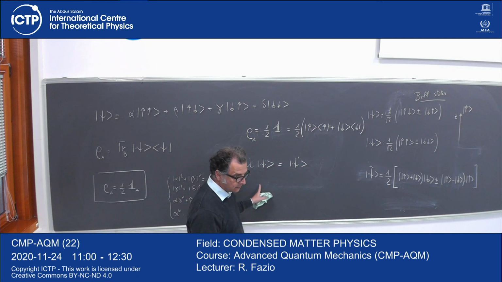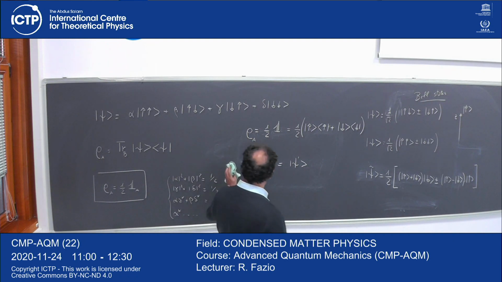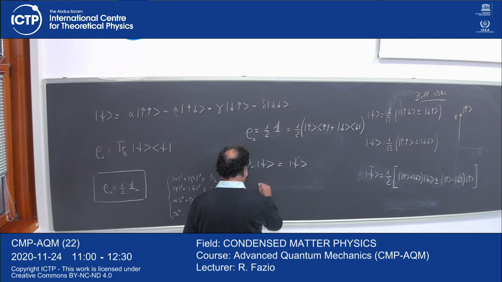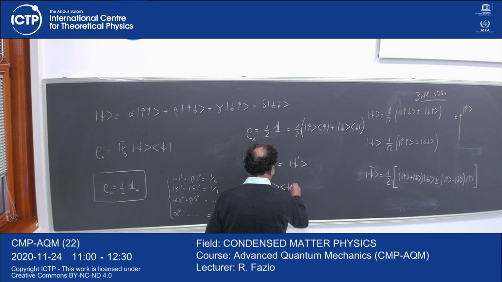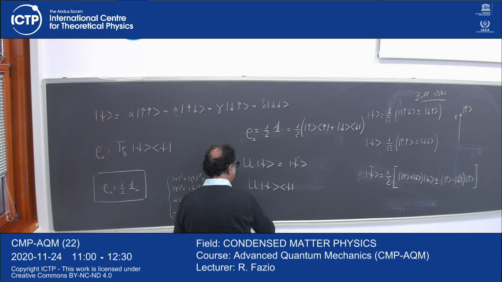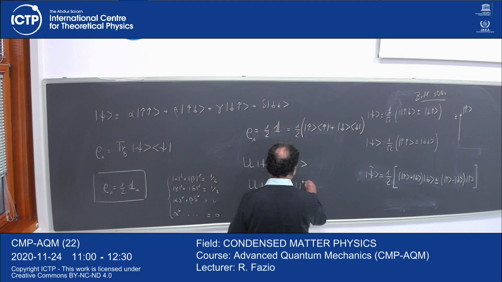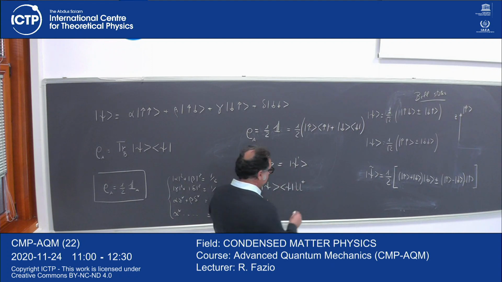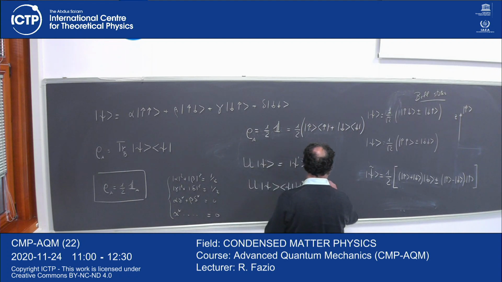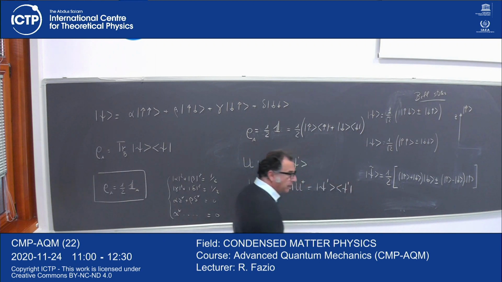Now, if I do the same thing on the density matrix, then I have to do U, and here I have U dagger, and this I will get psi prime, psi prime.